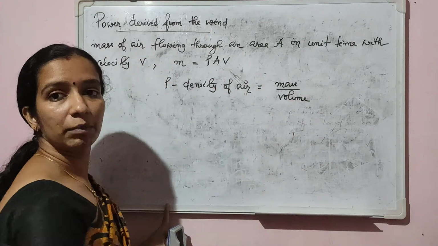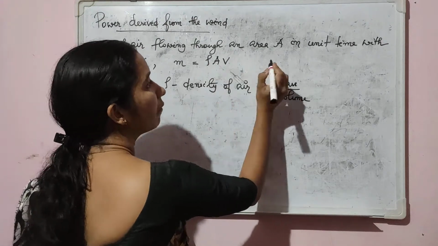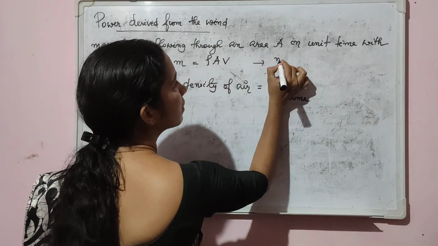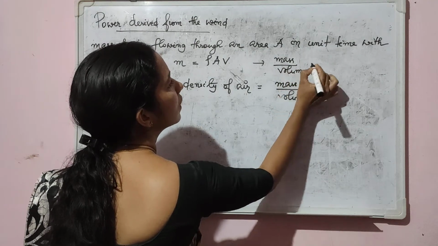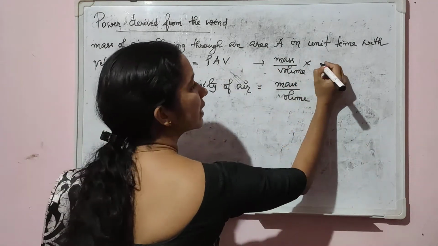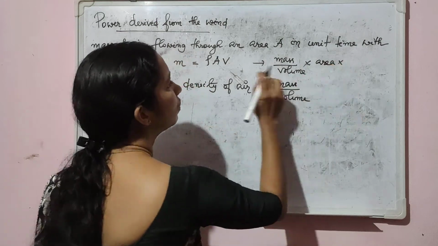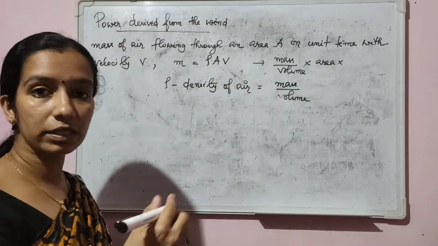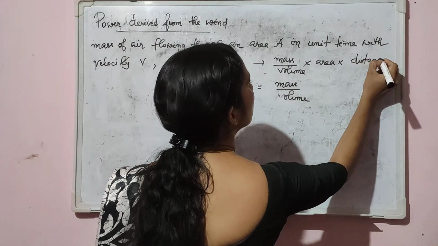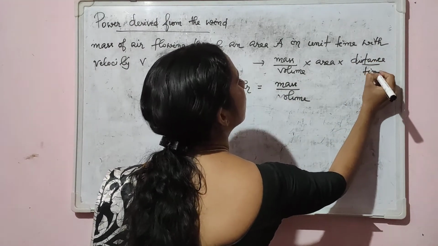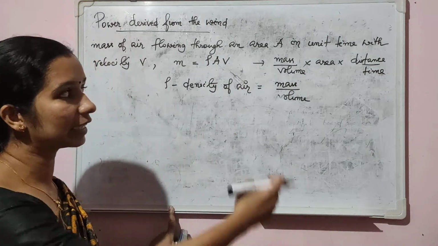Coming to this equation, we have rho, which is mass divided by volume, into area, A is the area, into v, the velocity. Velocity is distance divided by time, or displacement divided by time.